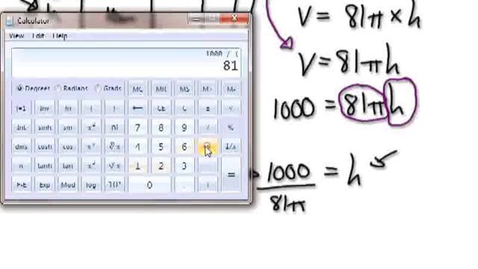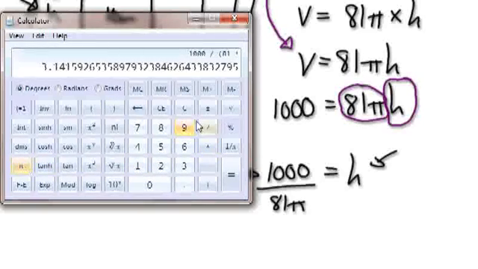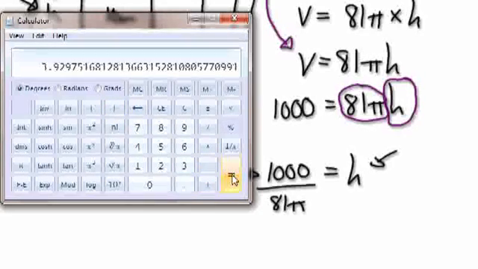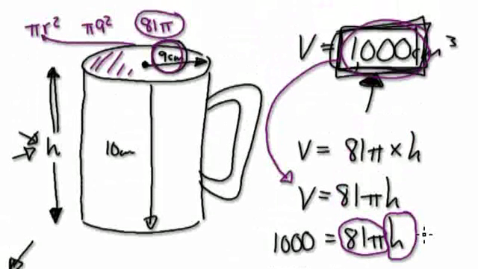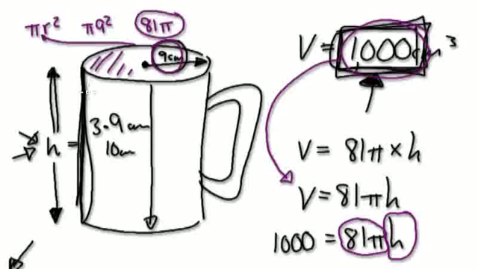So times 81 times pi, and then I'll close off the bracket, and then equals 3.9. So h equals 3.9 centimeters. So the height of this here is 3.9.